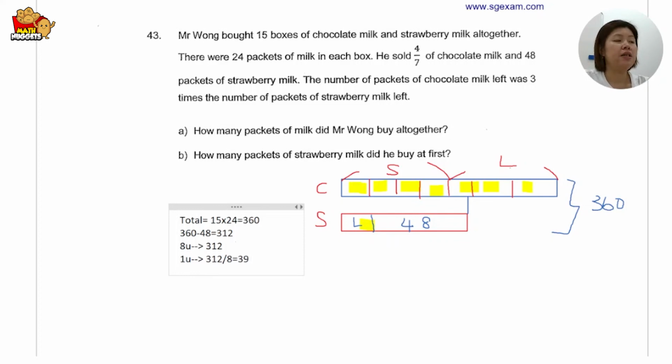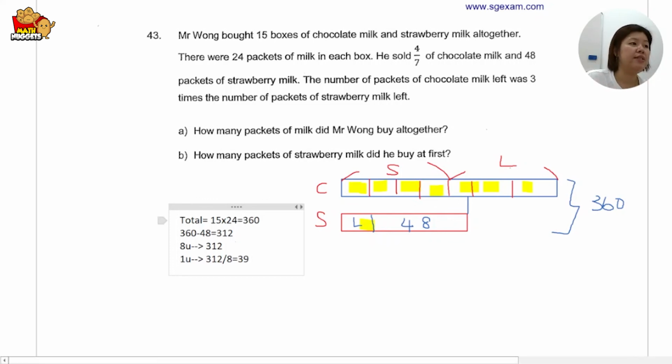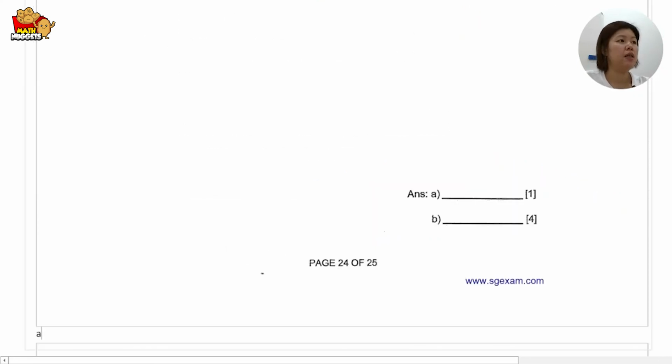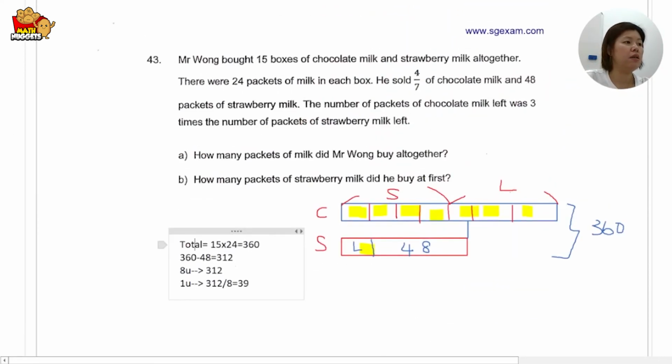So it's asking A, we already found, which is how many packets of milk did Mr. Wong buy. It's actually 360. So this is my A. Okay, and my B now is how many strawberry milk did he buy?